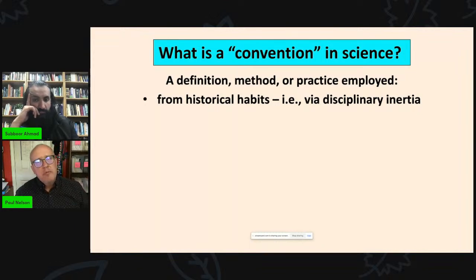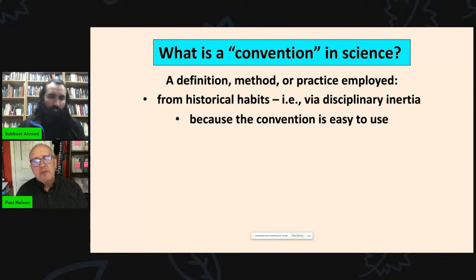You pick up a set of tools, and some of them are good and others may not be so good. It's hard to sort that out when you're a student, right? You're just learning. This is disciplinary inertia. And as I said, some of those tools may be useful. Some of them may be reliable. Others may be crap, to be blunt about it, right?